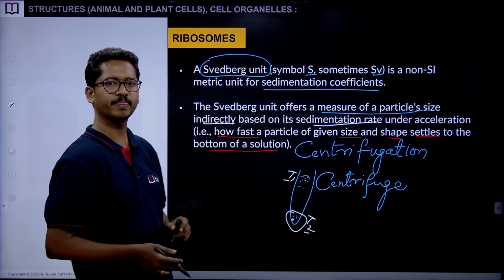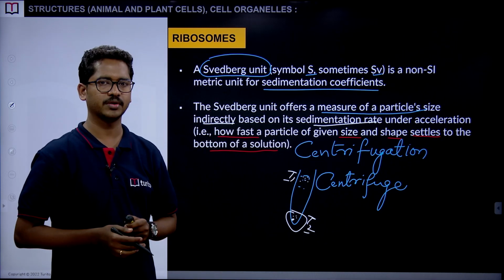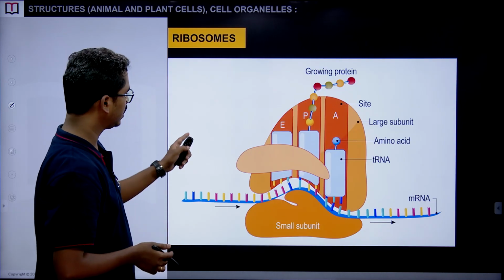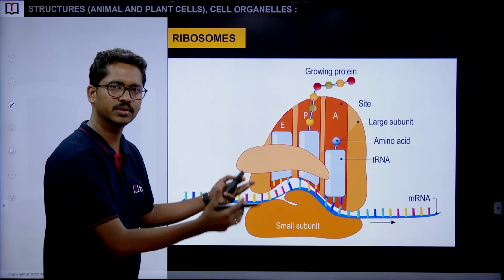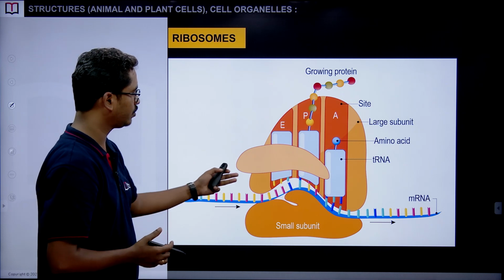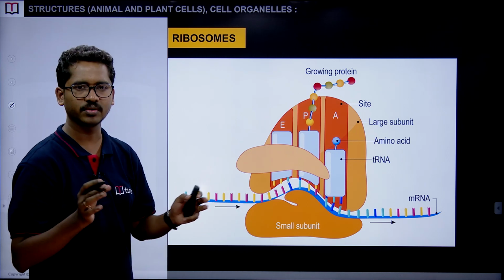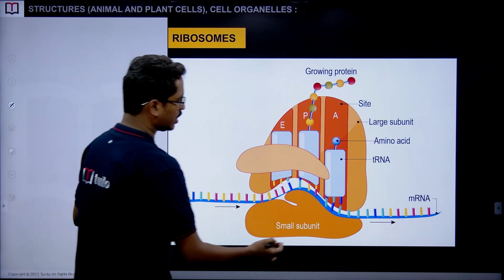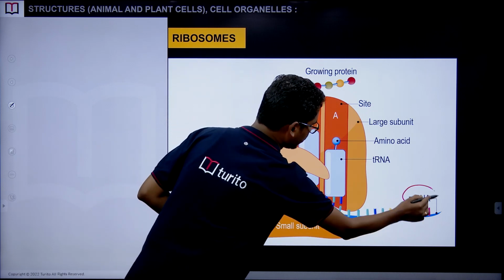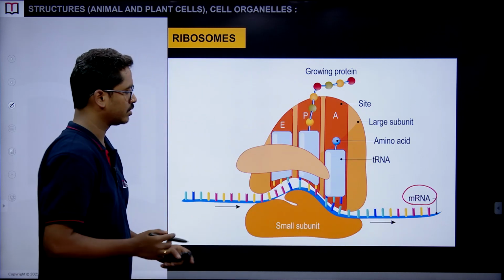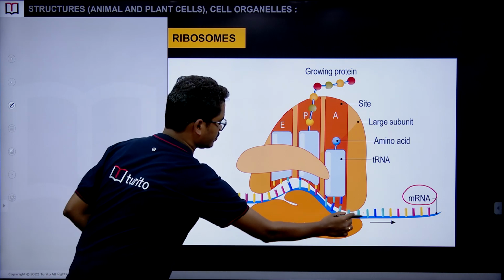So, hope you got my point from today's discussion, and why they have no membrane on their surface. Why they have no membrane on their surface is a simple reason, because they have to run this particular system through this path.